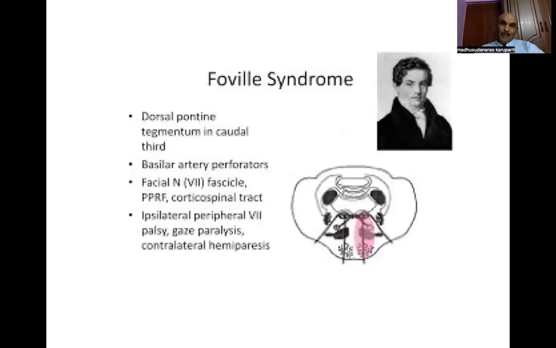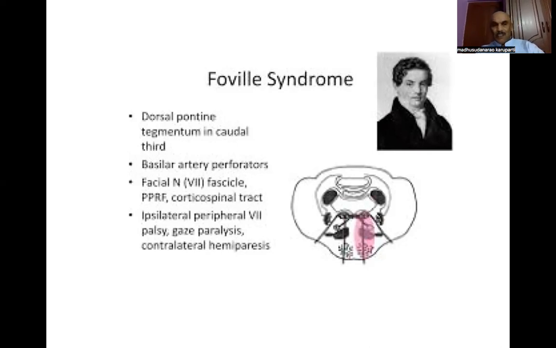This is the picture showing the file photo of Foville. Foville described the syndrome. The lesion is in the dorsal pontine tegmentum in the caudal third, in the basilar artery perforating branches.